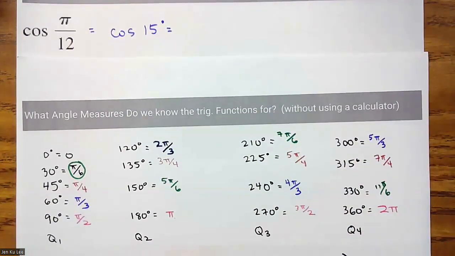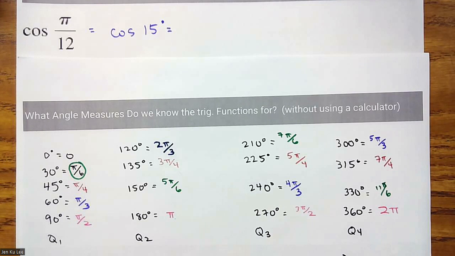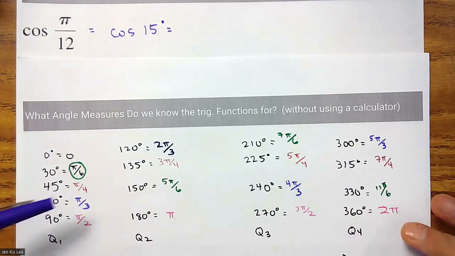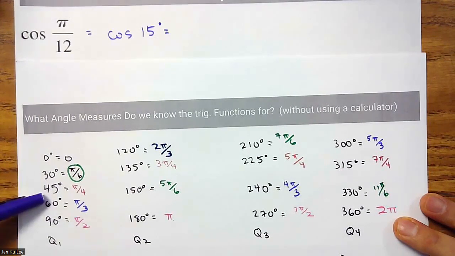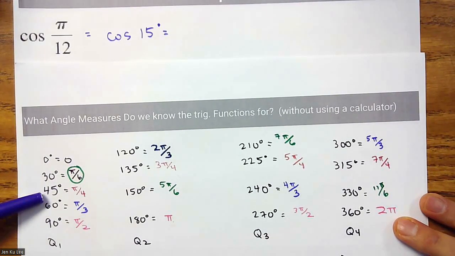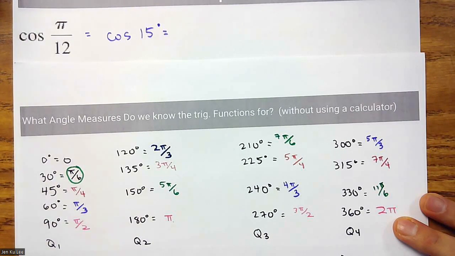So how do I get 15 degrees using the numbers that I know? 45 minus 30, right? You can go 60 minus 45.